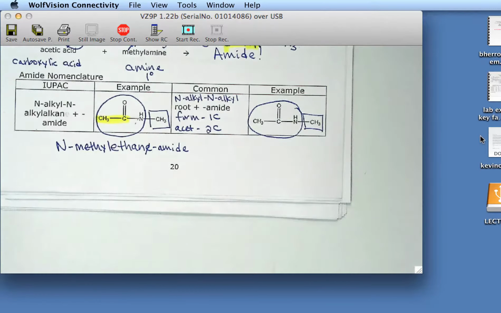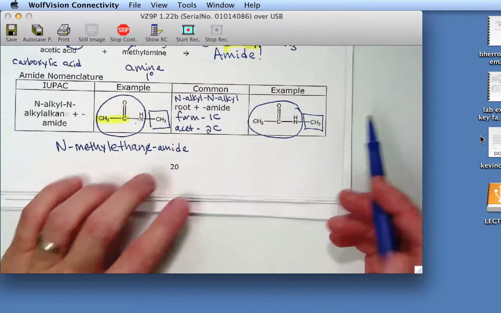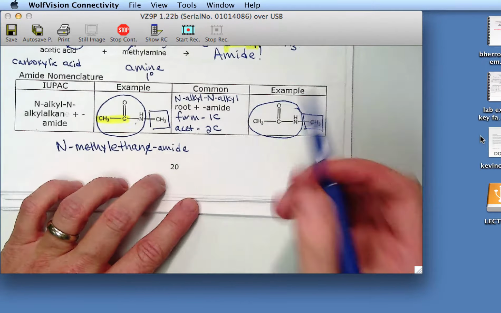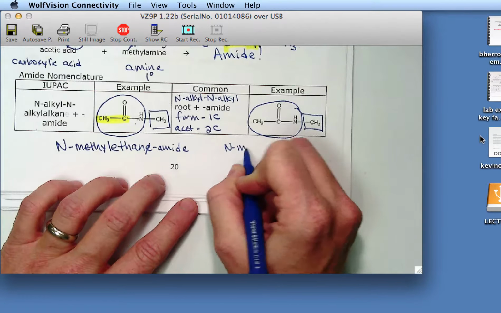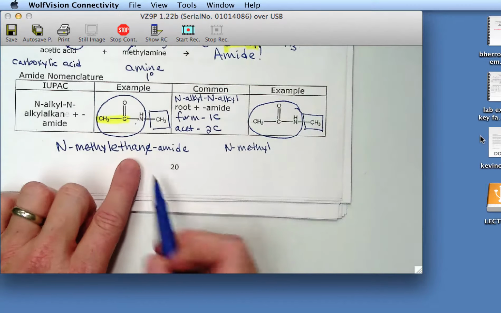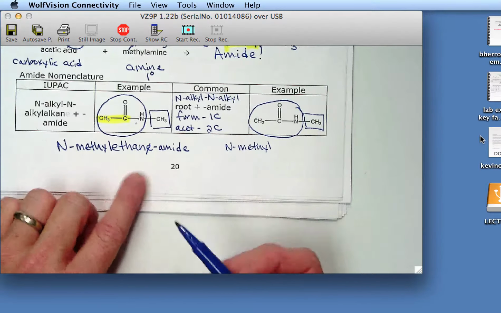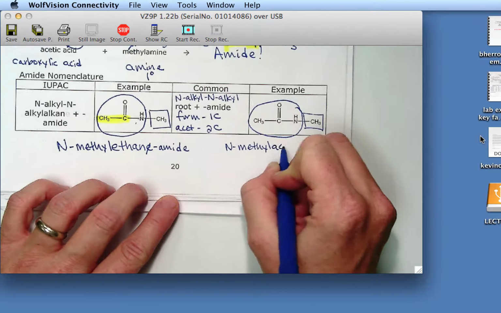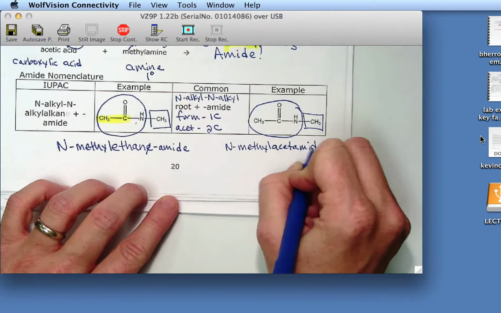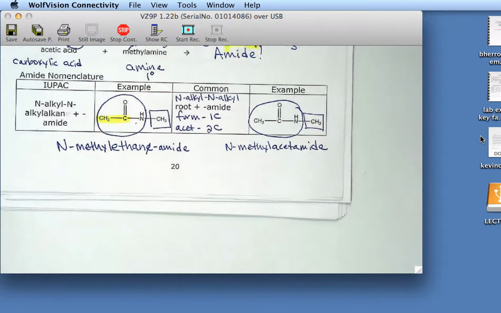So you still put the N-methyl or the N,N-dimethyl, depending on how substituted your amide is. But this is going to be N-methyl. And instead of ethanamide, it's just going to be acetamide. I can write it, but I can't say it. So N-methyl acetamide would be the correct name.